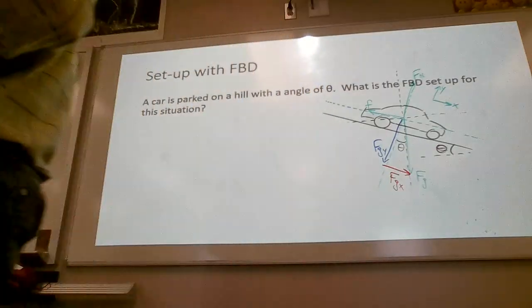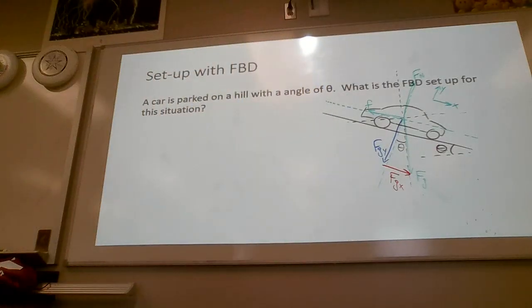So at this point, I'm going to stop saying horizontal direction and vertical direction like I did in projectile motion, and just say in the X direction and the Y direction, because X and Y no longer are stuck to horizontal and vertical. Okay, so go ahead and set it up.